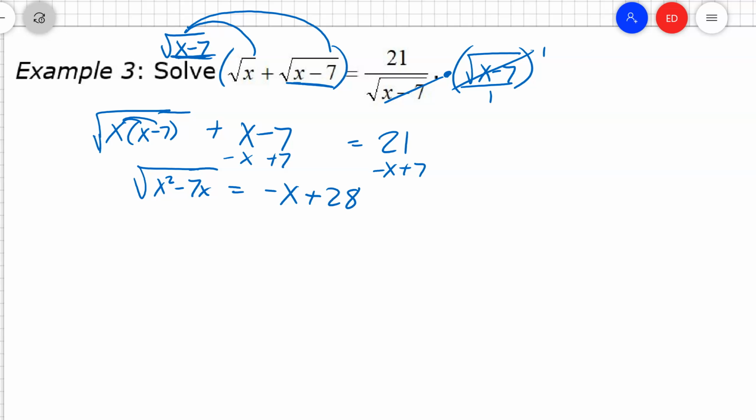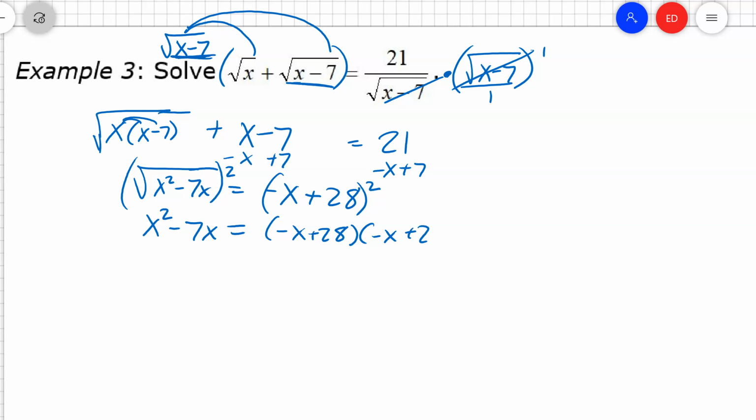Alright. Now what we're going to do is square both sides to get rid of this radical again. Or finally, however you want to say it. So on this side we're left with x squared minus 7x, and then equals. Now we need to FOIL that out, which would just be negative x plus 28, negative x plus 28.